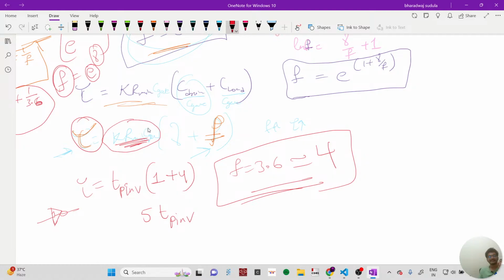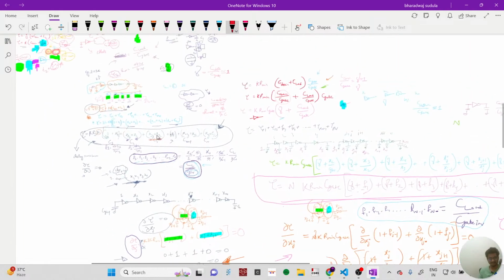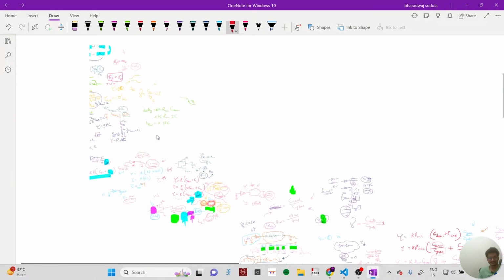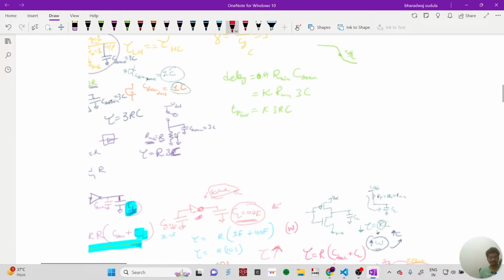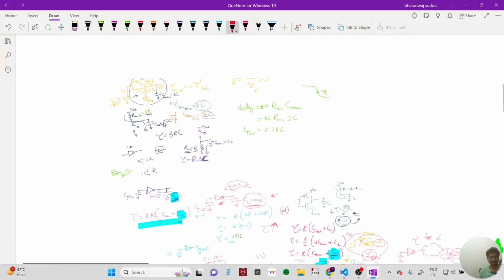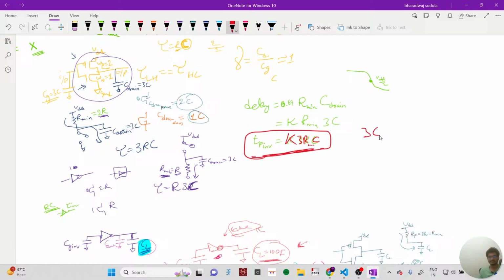I think I have mentioned it somewhere that I will tell about this later. That is the thing, like inverter's delay. This one. Okay, so this one, TP inverter, is K 3C, and 3C is nothing but C gate.